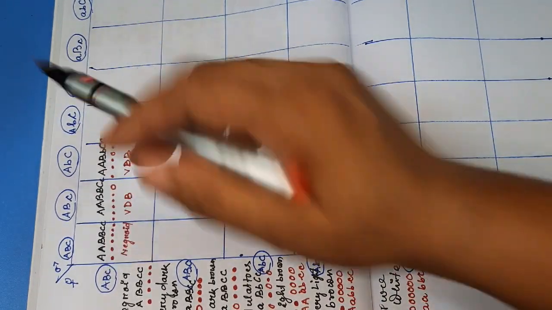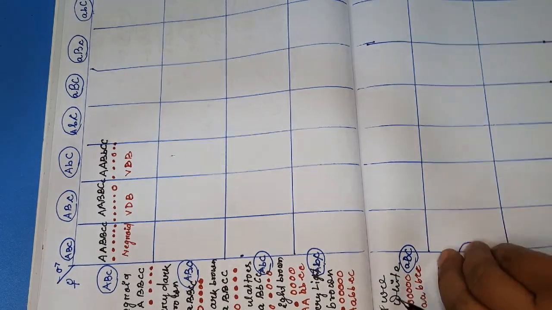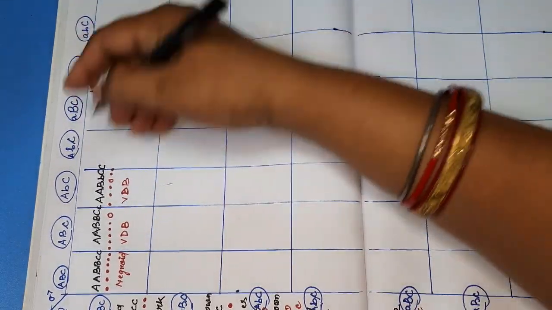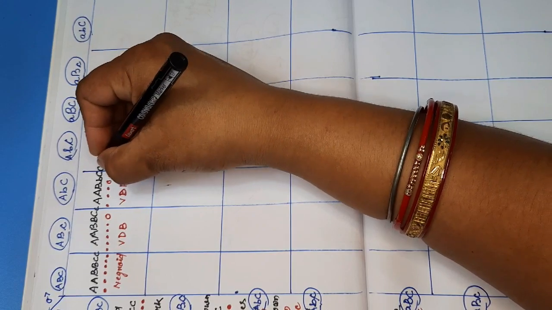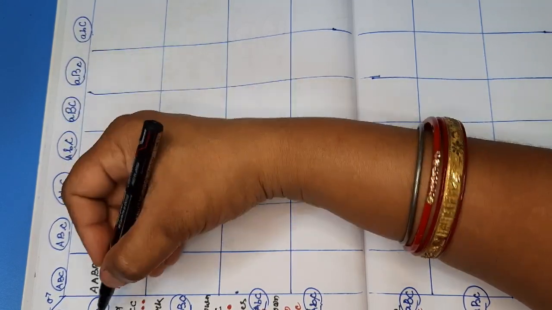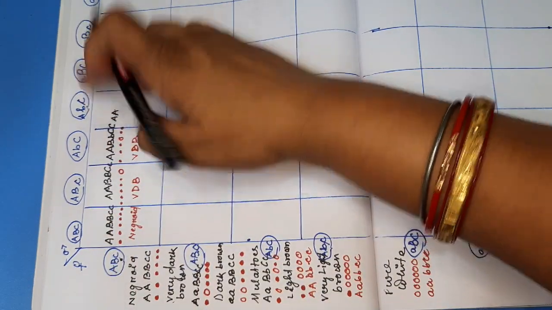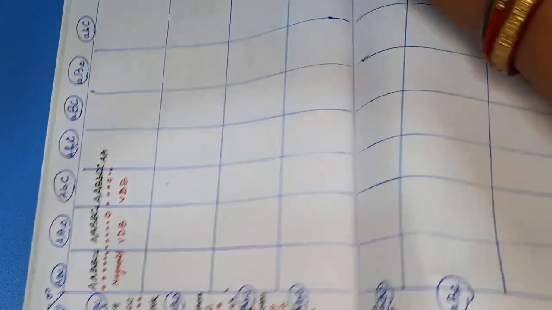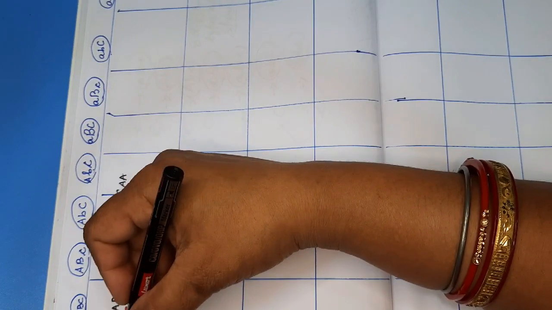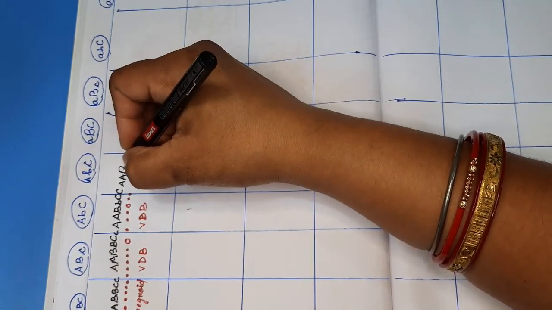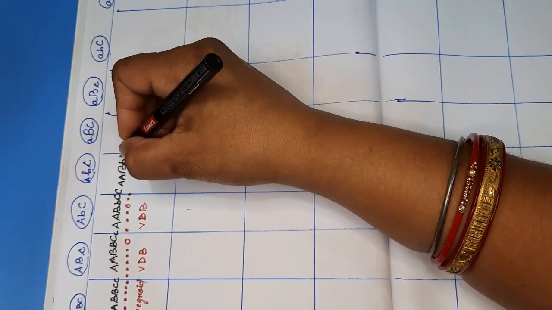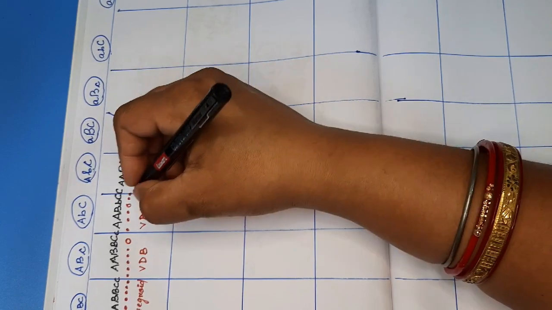If this fertilizes this, then it will be capital A, capital A. This one fertilizing this one. This one fertilizing this one. So it will be capital A, capital A, capital B, small b, capital C, small c.